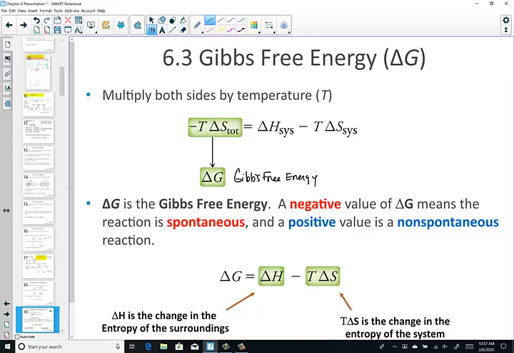It's defined as negative T delta S total. Gibbs free energy is just a measure of whether the reaction will be spontaneous or non-spontaneous. We must have a negative value of Gibbs free energy for the reaction to occur in the forward direction. Negative delta G means the reaction is spontaneous in the forward direction.